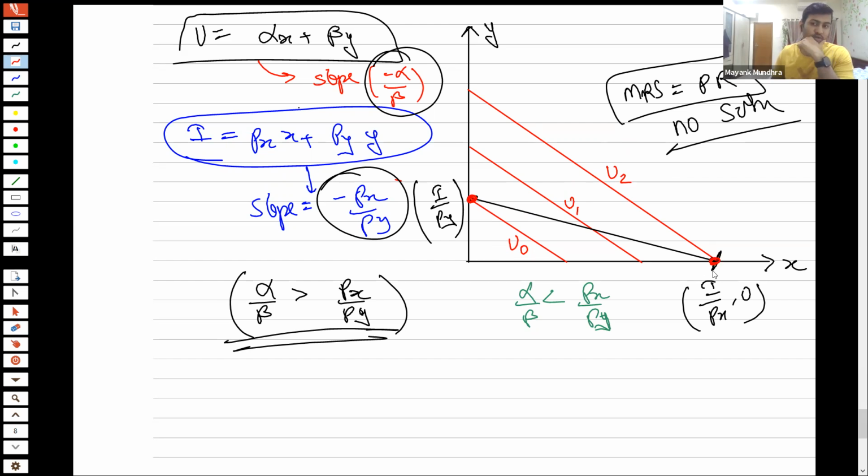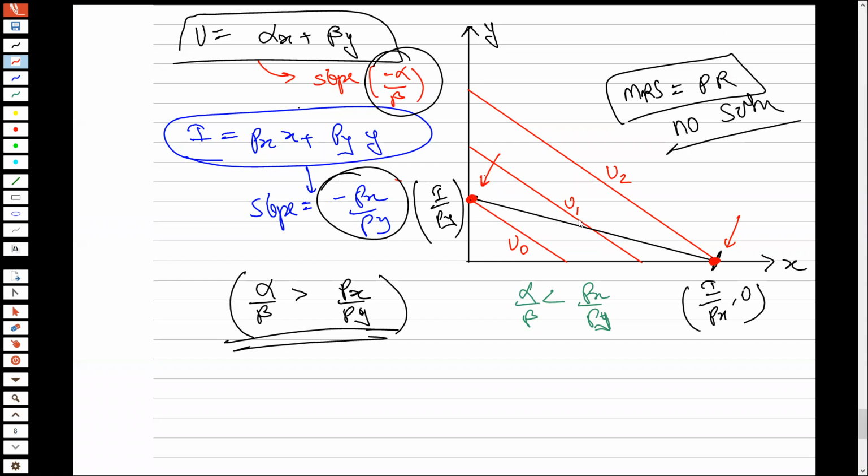So Kashish, my question is, which of these intercepts will give a higher utility? Will it be x-intercept or will it be y-intercept? Which of these points is on a higher indifference curve? X-intercept, very good, because the red lines are the indifference curves, right?